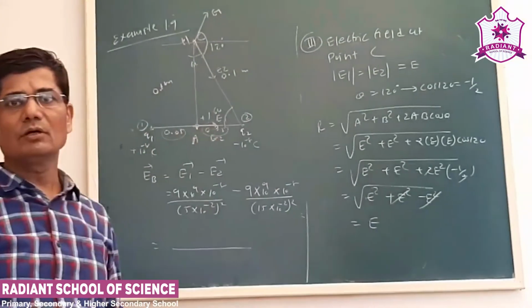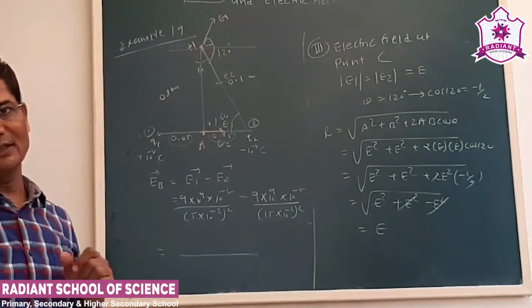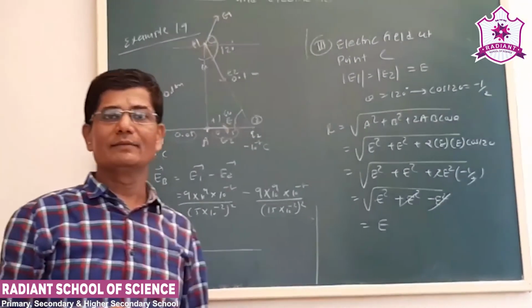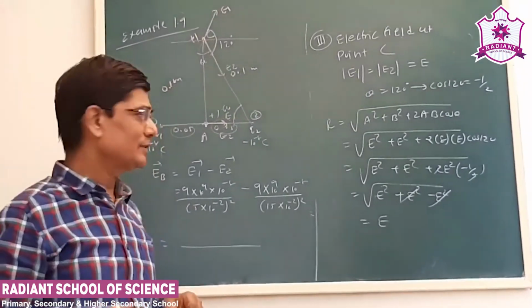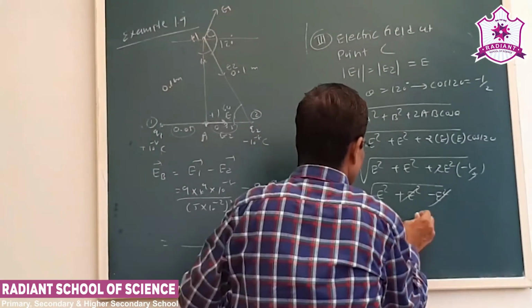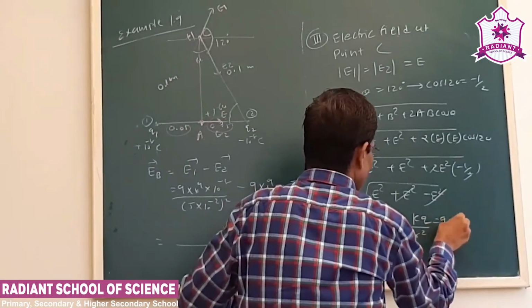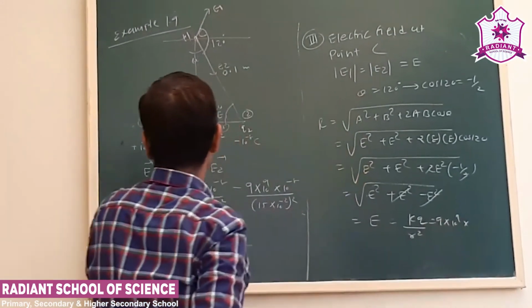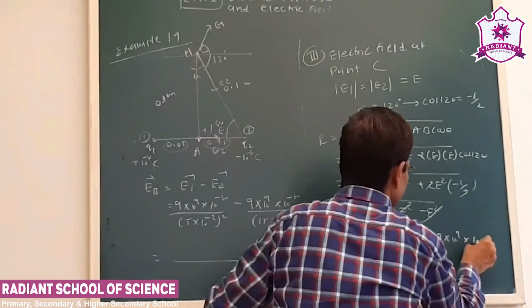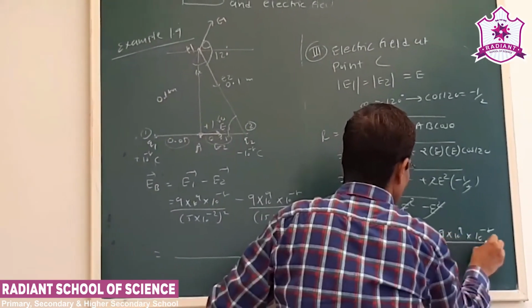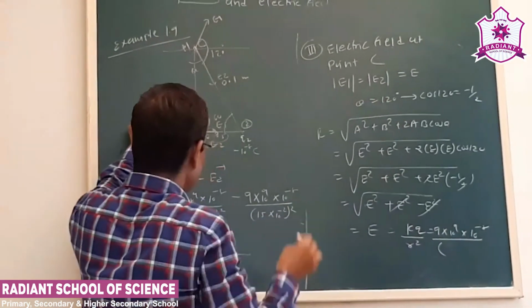So what is the resultant field? That is equal to E, which is nothing but the electric field due to a point charge, and we know the point charge formula is kQ by r square. K is 9 into 10 to the 9, Q is the charge, that is 10 to the minus 8 coulomb, and the distance is 0.1 meter.